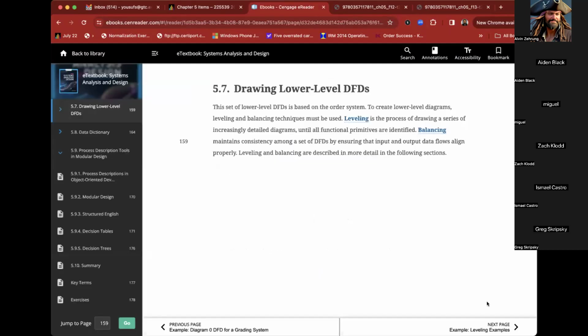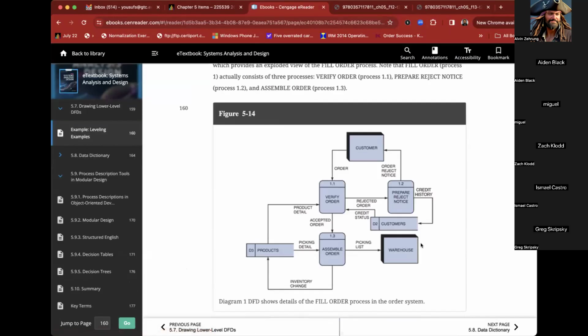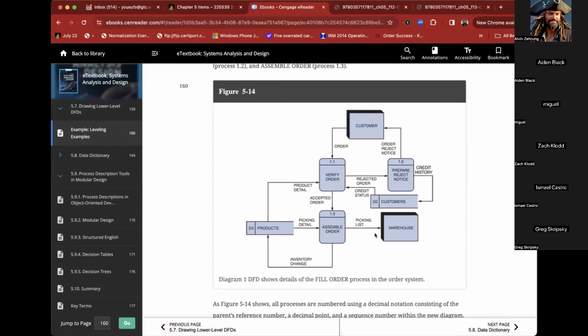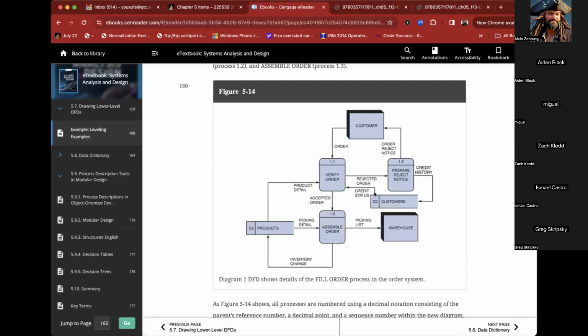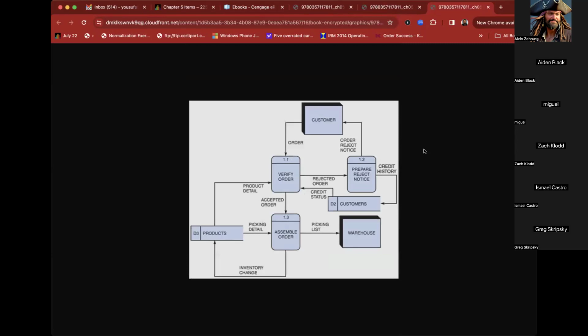So in order to accomplish that, let's say you start looking at your first step, which was fill order, and you start zooming into it and start exploding that. So let me open this in a different tab. Okay, look over here.